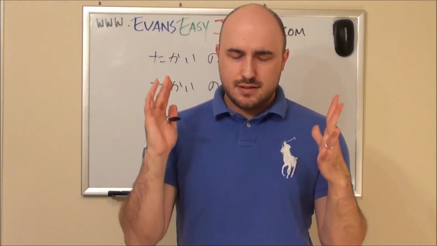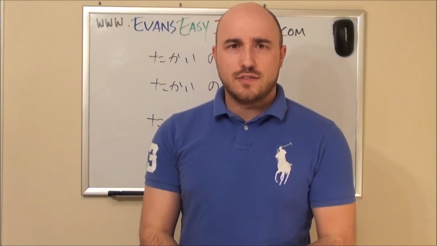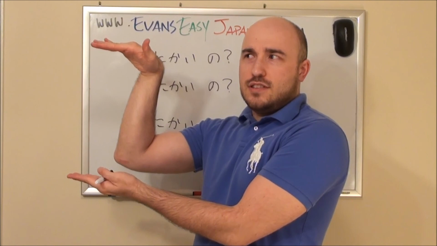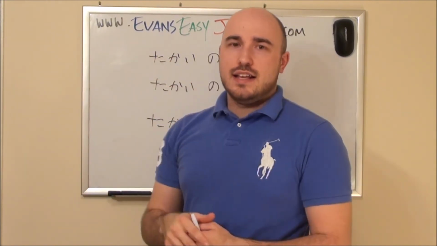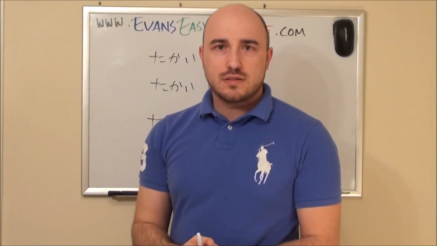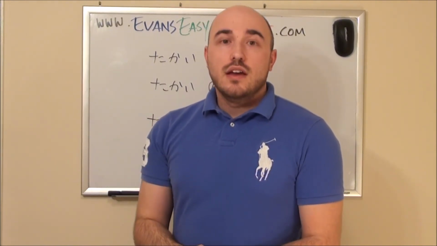Last, this is just still more confusion that might exist with the no particle. Eventually there will be a video, hopefully right here, on the no particle, which is the nominalization no. I've already mentioned it once, either in this video or other videos.